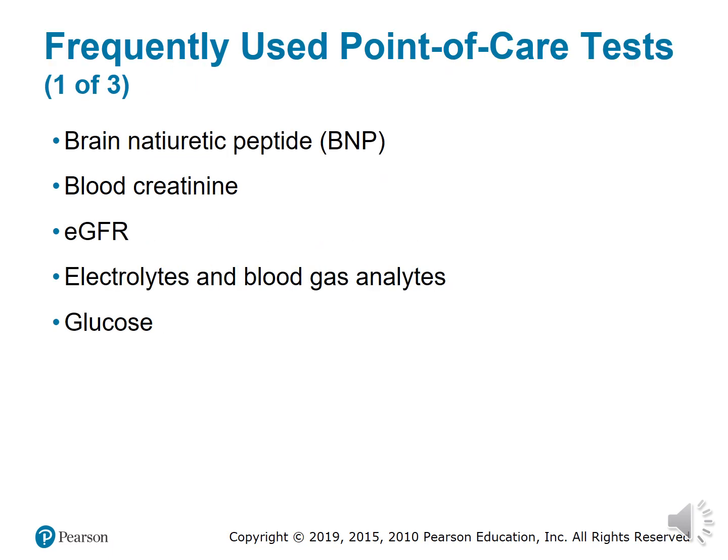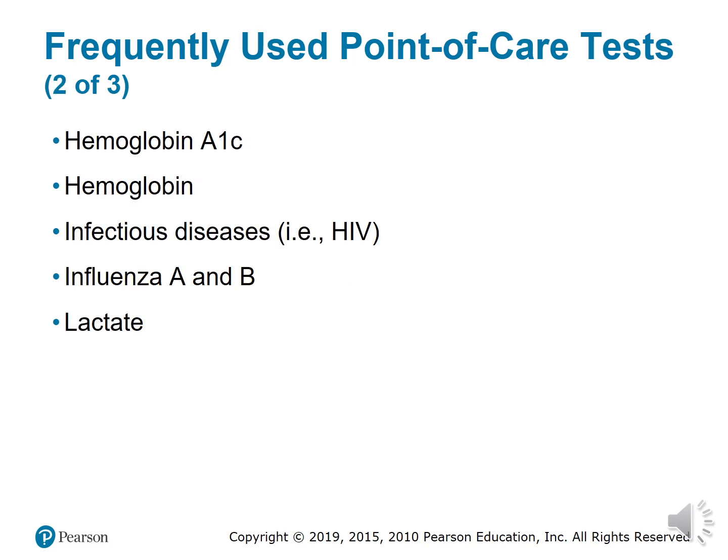Frequently used POC tests are the BNP, the blood creatinine, the eGFR, electrolyte and blood gas analysis, and of course, glucose. Those are the most frequently used POCT instruments that we use. Along with that, we can also check hemoglobin A1C, we can just check hemoglobins.